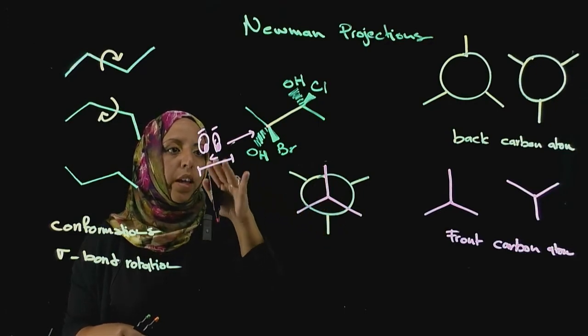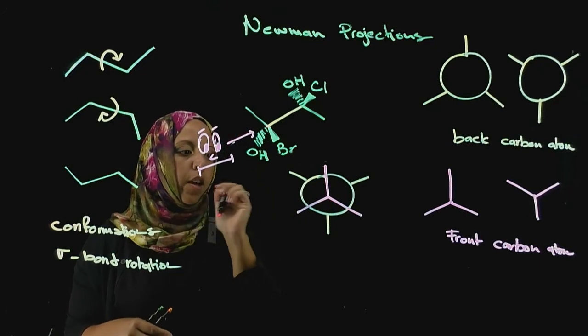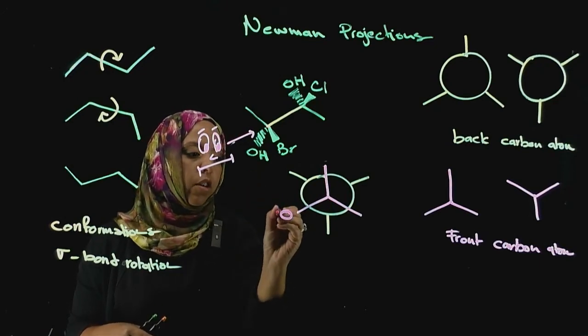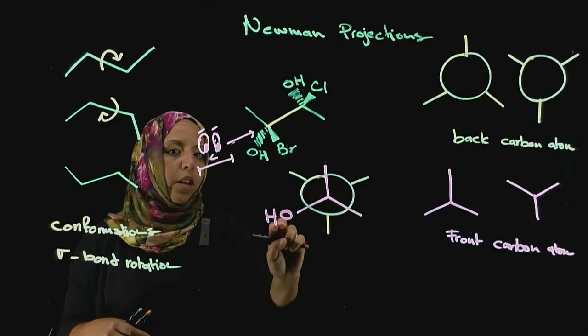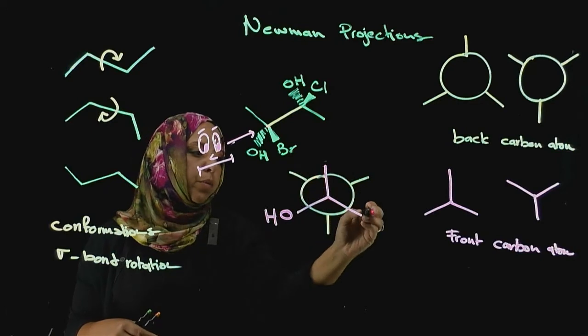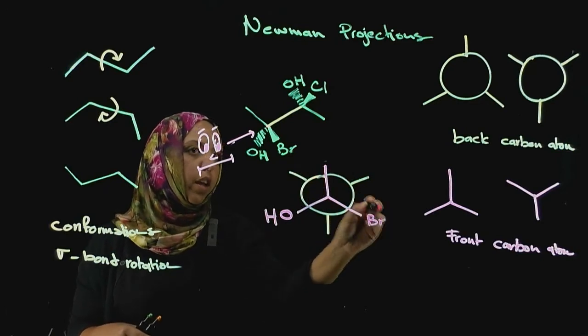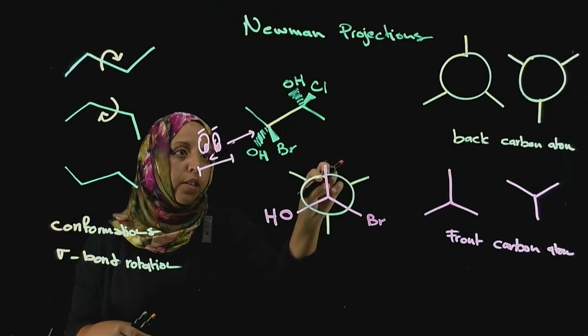Is it pointing away from you or towards you? Yes, it's pointing away from you. And you should have noticed that it's pointing to your left, right? So then OH on my front carbon is to my left. That means bromine must be to my right, and whatever is in plane of the paper is pointing upwards.